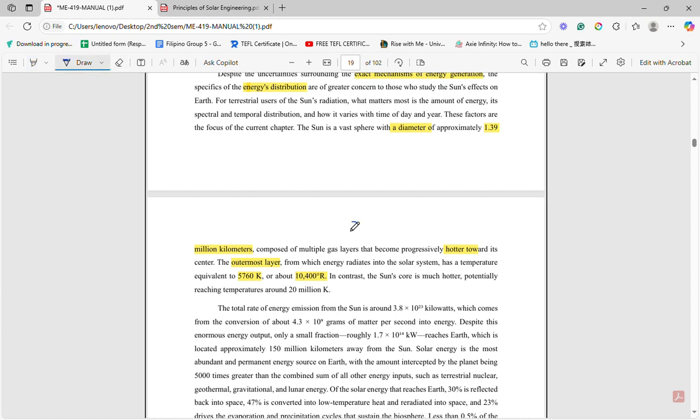That is sigma, then the emissivity factor, then the area, then the difference of the temperatures. So, 'di ba, this is our formula. That is the reason why we need to know at what temperature can we really harvest that energy.